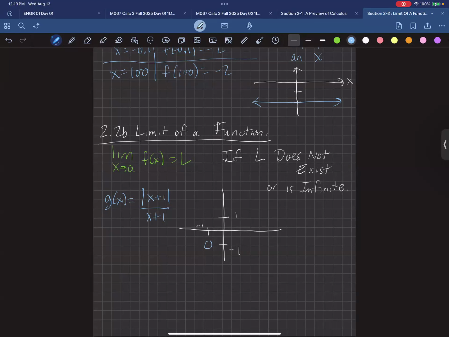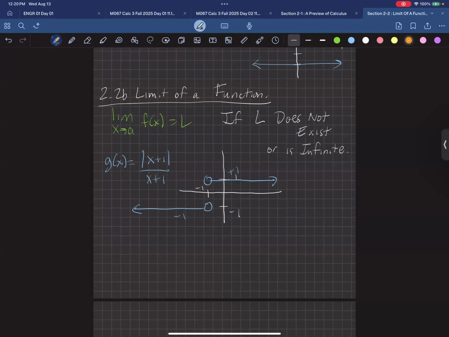To the left of -1, it was equal to -1, and to the right of -1, it equals +1. We'll do the algebra for this in the next section. We're just talking about the idea of limits here.